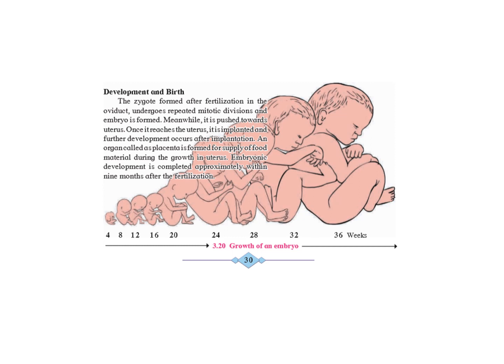Once the embryo reaches the uterus, it is implanted and slowly further development takes place. An organ called the placenta is formed for supply of food during the growth inside the uterus. This development in case of a human being takes around 9 months after fertilization and a baby is born.